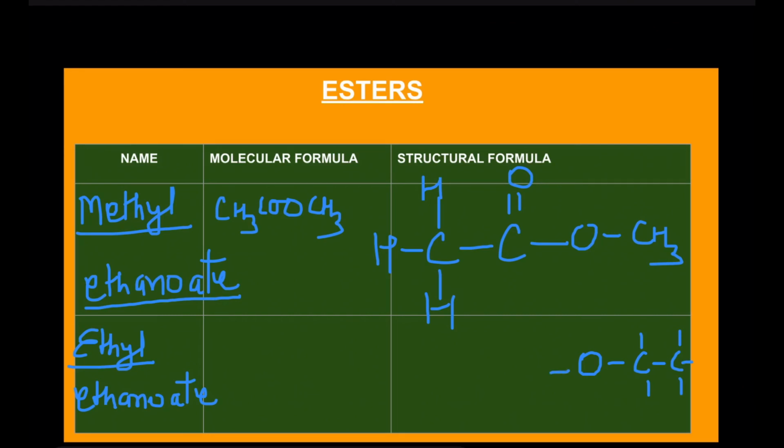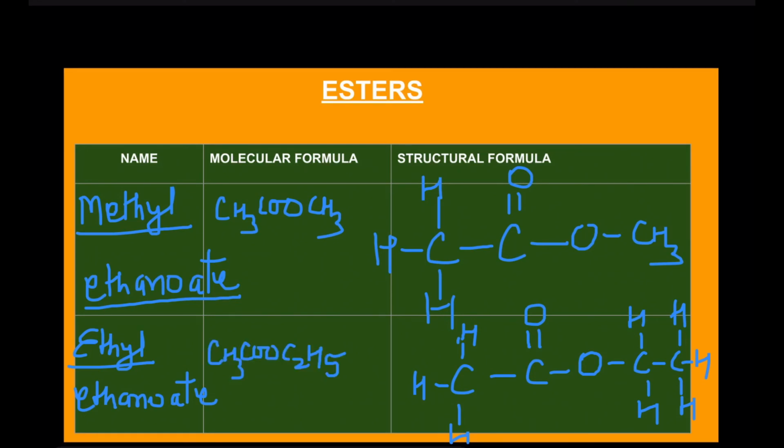On the other side, it is ethanoate again, so again there are 2 carbons. This makes the ester group. Now we are going to fill it with hydrogens. This is the structure of ethyl ethanoate. This is the molecular formula of ethyl ethanoate.